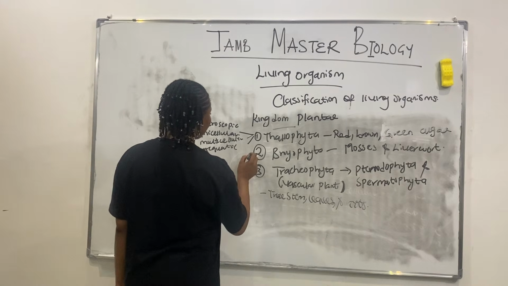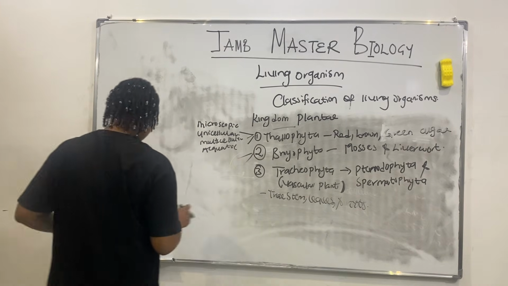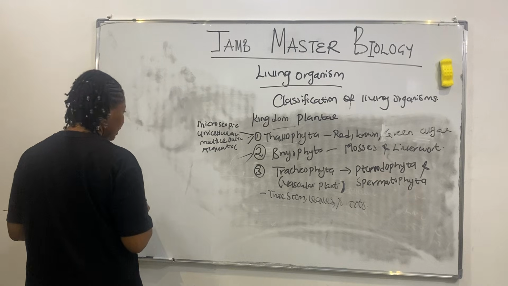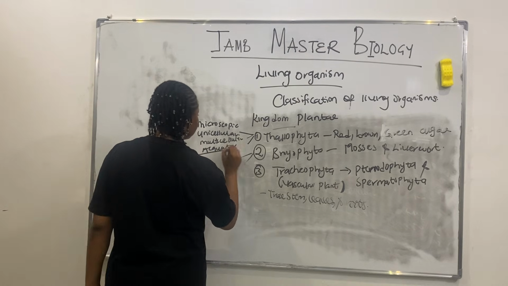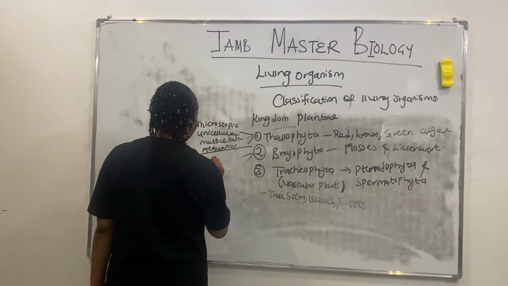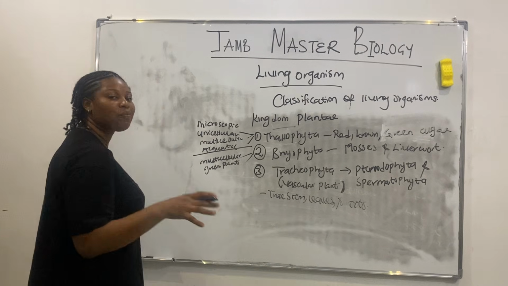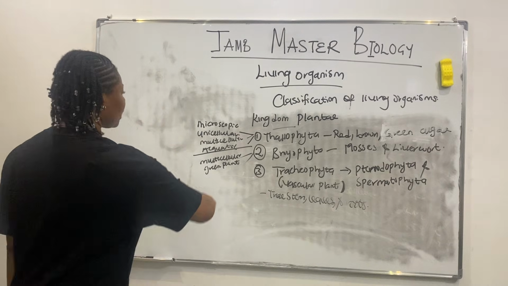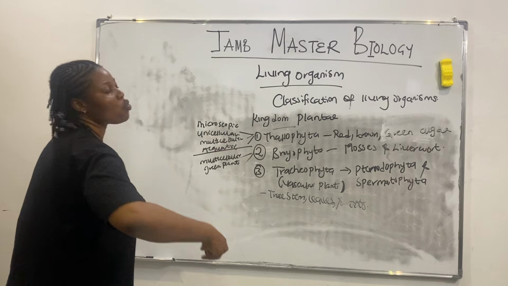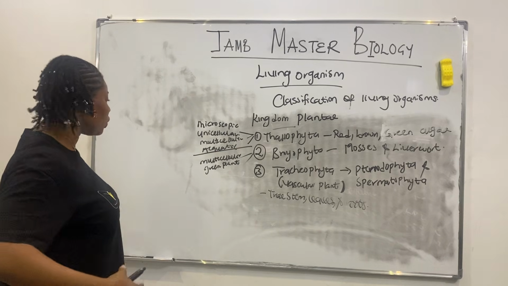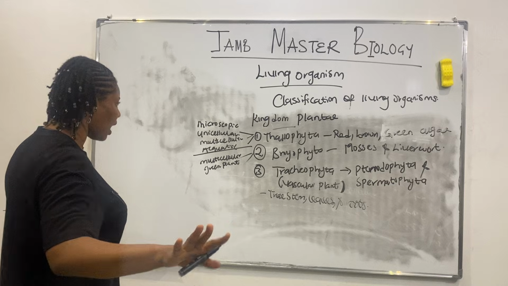So we go to Bryophyta. They are multicellular green plants. Multicellular means that they have plenty of cells. Unlike Thylophyta that have both multicellular and unicellular, they have many cells and they are green plants.